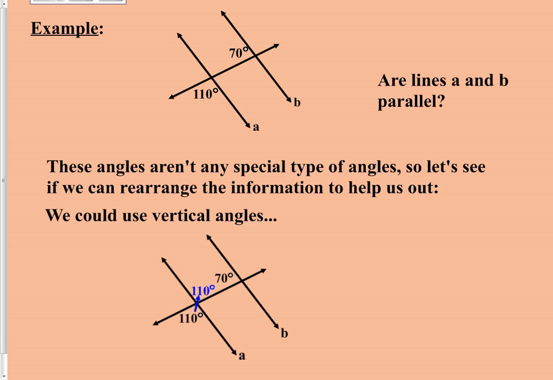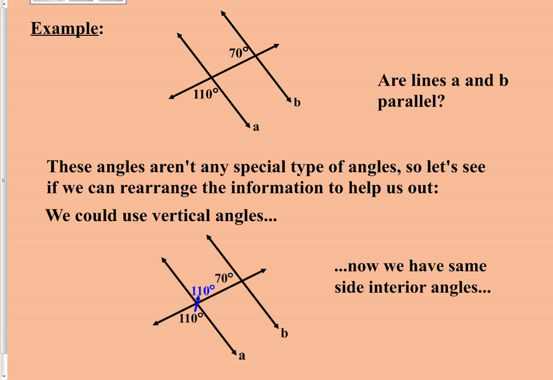Now we can look at it and go, okay, what kind of angles do we have now? Oh, now we have same side interior angles with this new position of the 110 degrees and the position where the 70 degrees is at.